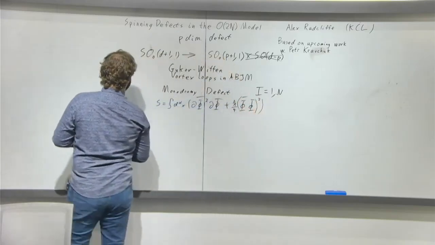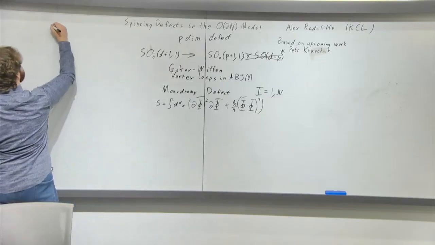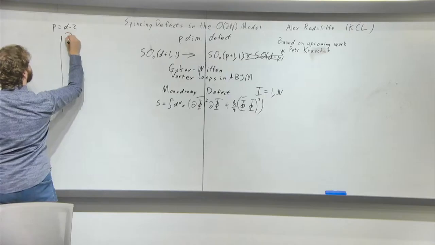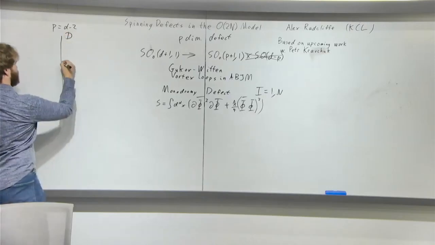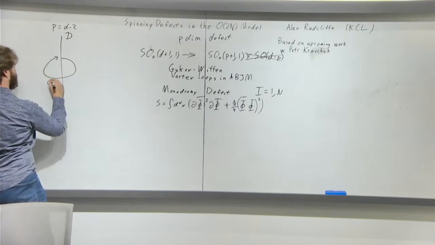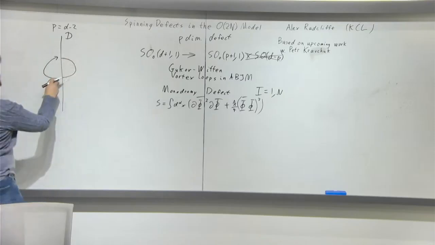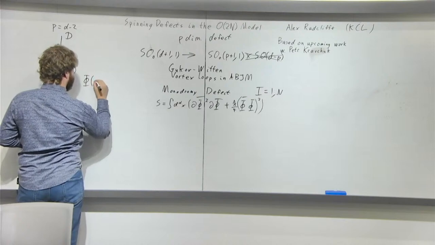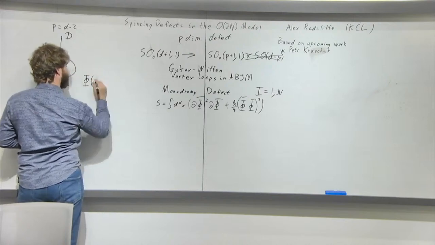And when we add a monodromy defect, what we do is we take a codimension 2 defect, and what we say is that as we rotate our field around this defect, it transforms non-trivially.